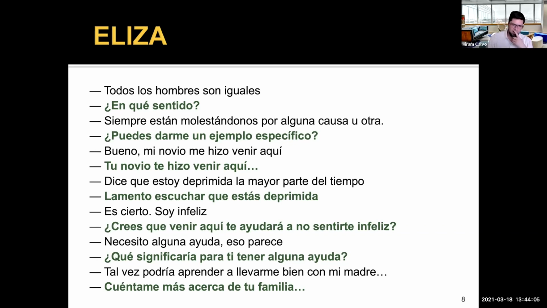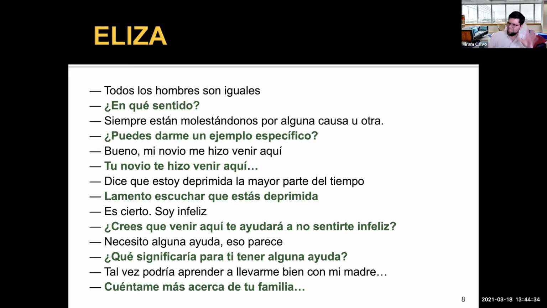"Oh, your boyfriend made you come here?" "Yes, he says that I'm depressed most of the time." "Oh, I'm sorry to hear you are depressed." "Yeah, that's true. I'm unhappy." Eliza asks, "Do you think that coming here will help you not to feel unhappy?" "I need some help, that seems." "What would it mean for you to have some help?" "Well, maybe I could learn to get along with my mother." "Tell me more about your family."